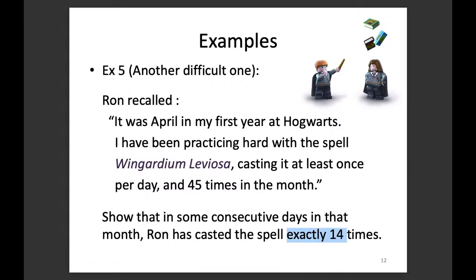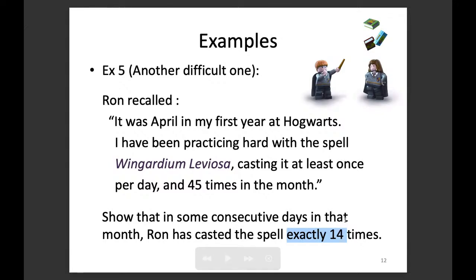At least is easy, because you can claim that, oh, let's look at the whole month. The whole month has 30 consecutive days, and Ron has practiced 45 times, so it is more than or equal to 14. But what we are saying here is that there must be a certain contiguous period in which the total number of spells cast is 14. So this is difficult.